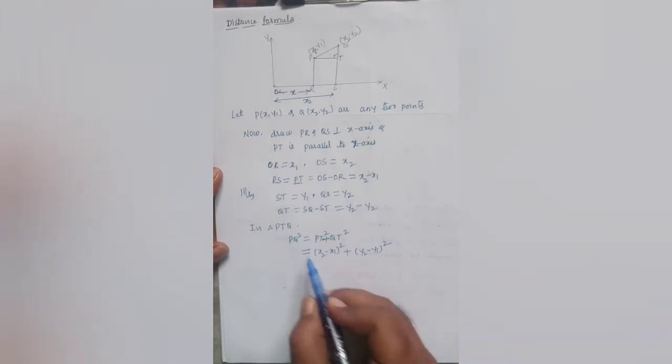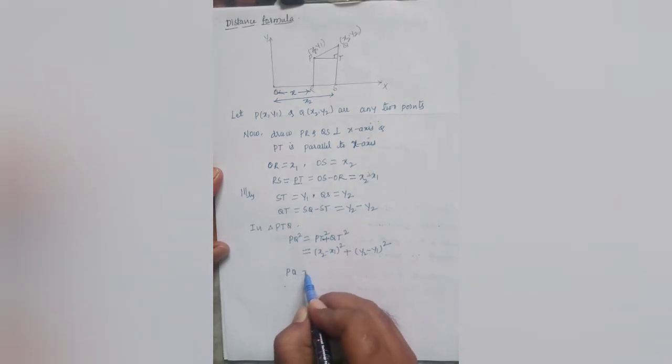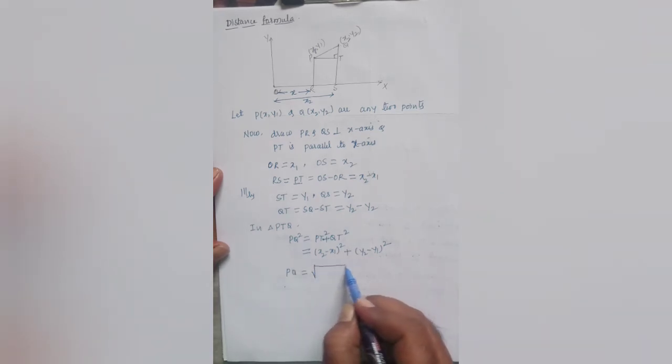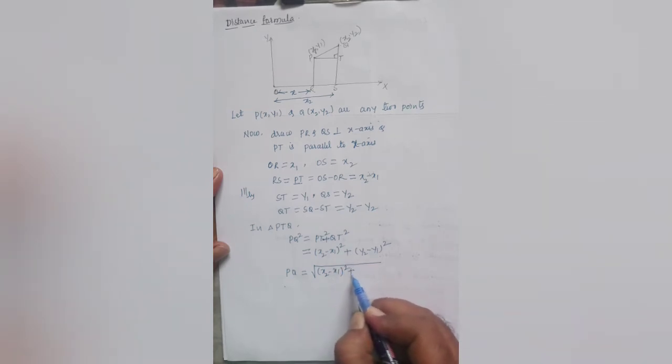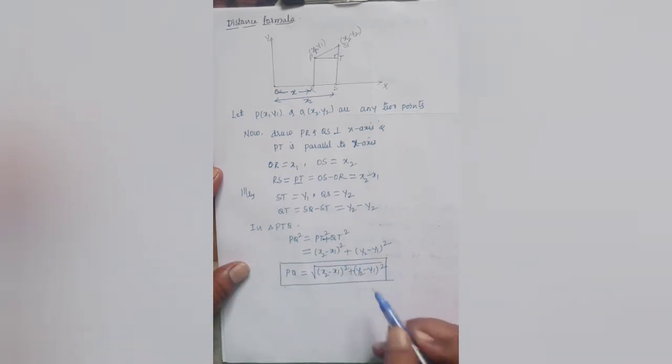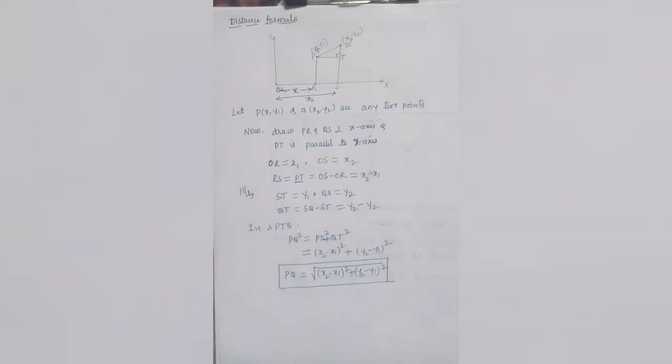We want PQ only. PQ is equal to, take square root on both sides, that gives us under square root x2 minus x1 whole square plus y2 minus y1 whole square. This PQ is the distance between two points.